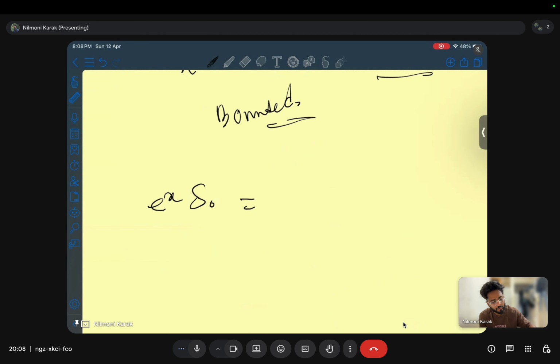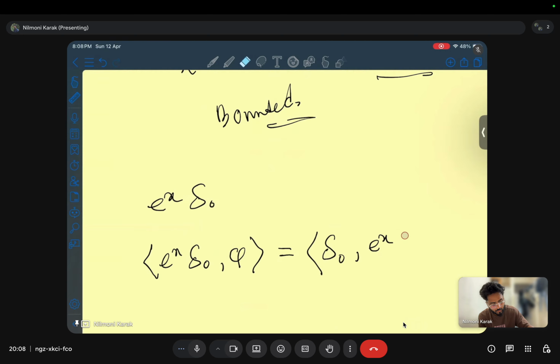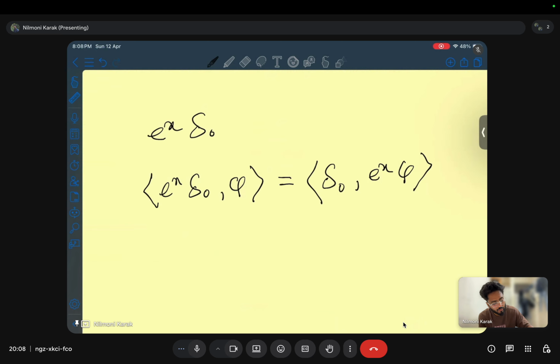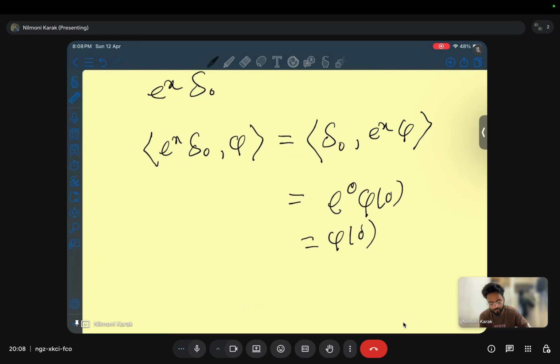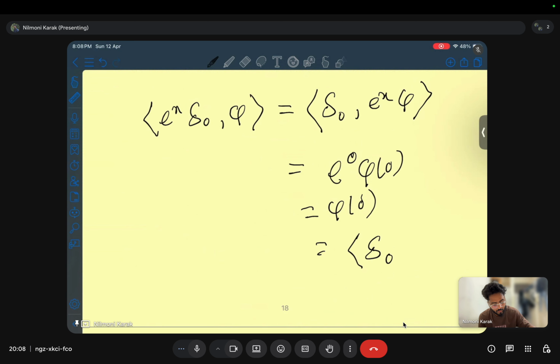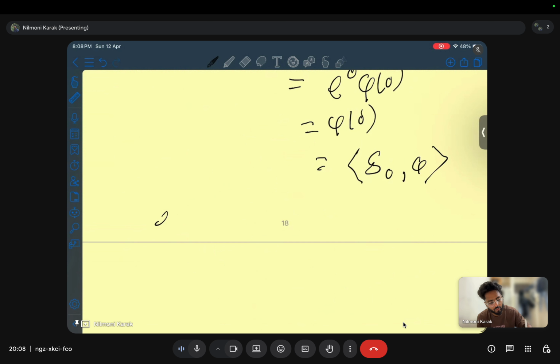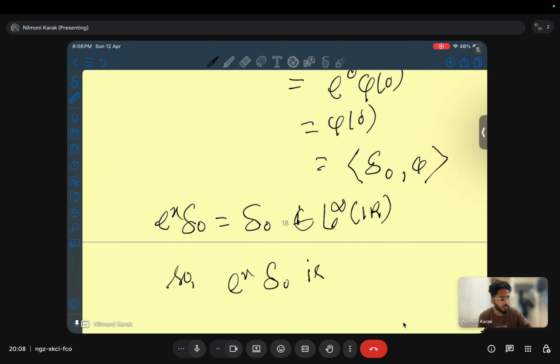Let us see. So e to the power x delta naught equals delta naught, which is in L infinity R. So e to the power x delta naught is tempered.